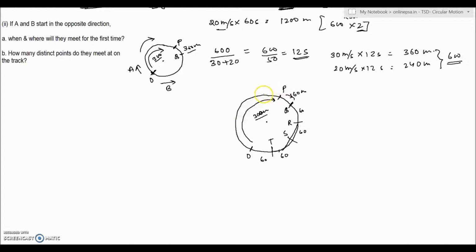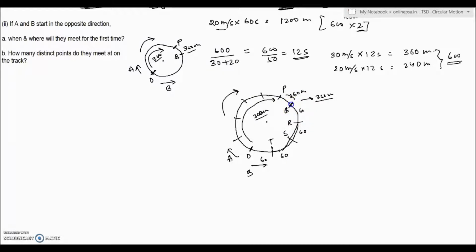Similarly, we can divide here also. Now if you clearly see, the first time when A starts from this direction and B starts from this direction, they meet at a point which is 360 meters from O, if we consider the clockwise direction.